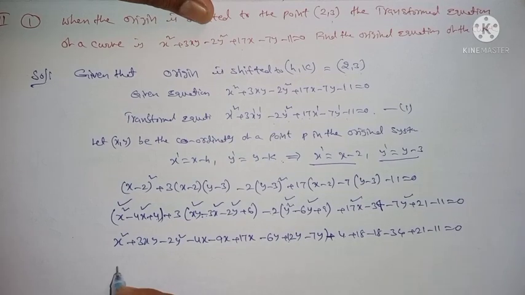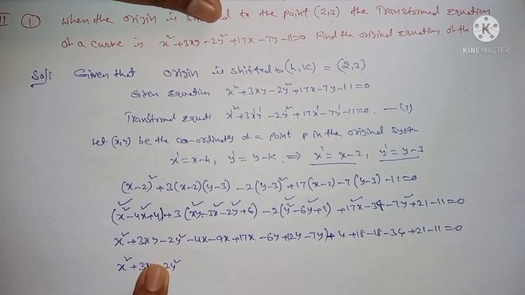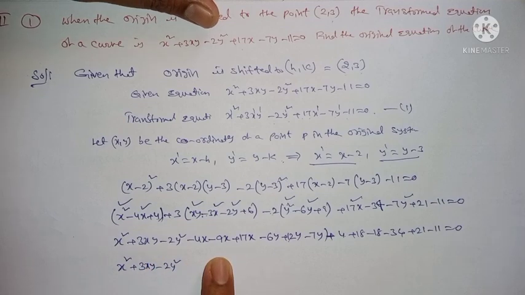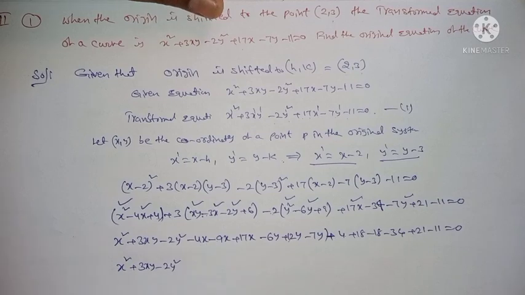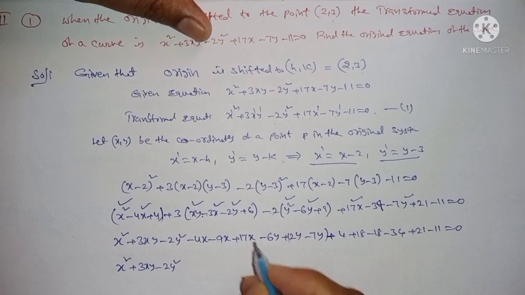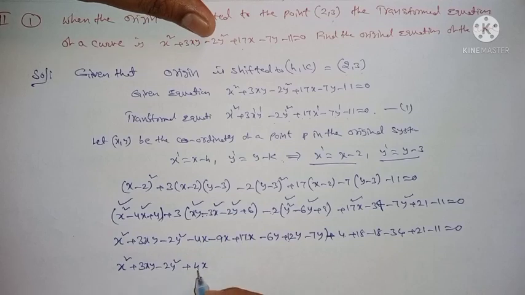You can write it as it is: x square plus 3xy minus 2y square. Let us repeat the x terms. You got minus 9 minus 4, which is nothing but minus 13. Again plus 17, so minus 13 plus 17 is plus 4x. What about y terms?